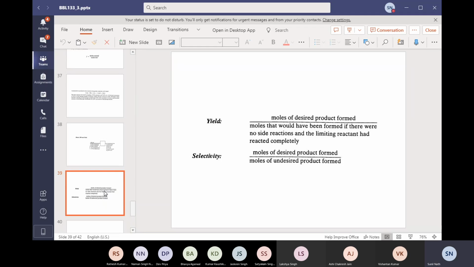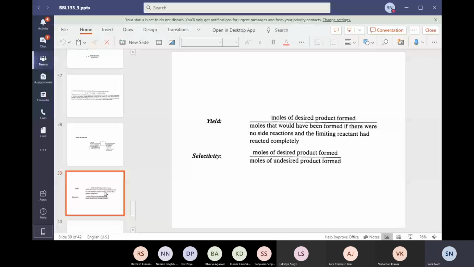Or should we define it the way that is there on the screen? Now, that means there are three different possibilities. The one that you are seeing on the screen, we never considered yield this way.